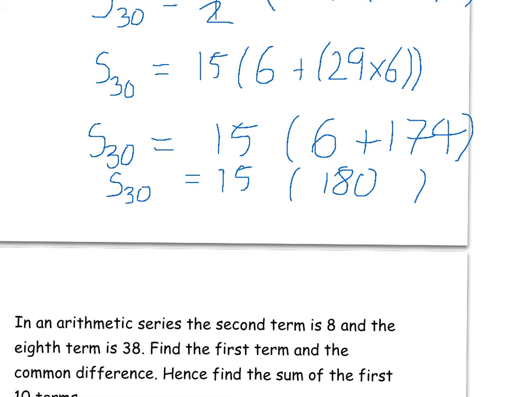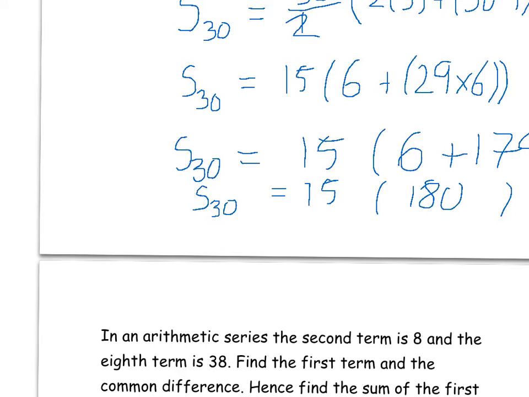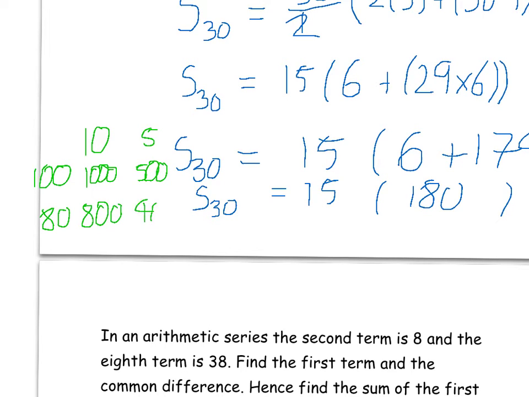Now, I can't do this in my head, so I'm going to have to use the grid method. So I'm just going to do it over here in a bit of space. So, remember, don't be afraid to show your working on your exam paper. You've got plenty of room. So 10 times 5 is 50, and 100 and then 80. So, 1,000, 500, 800 and 400.